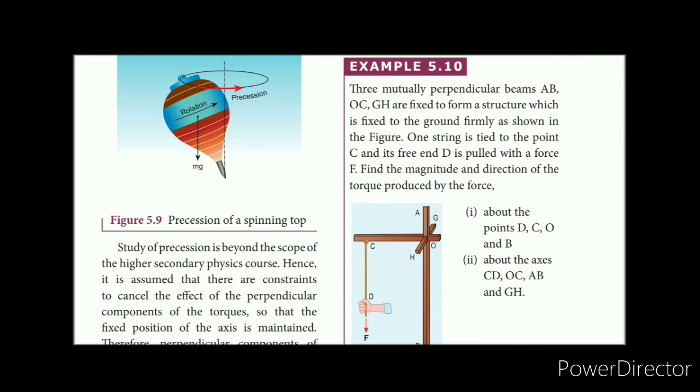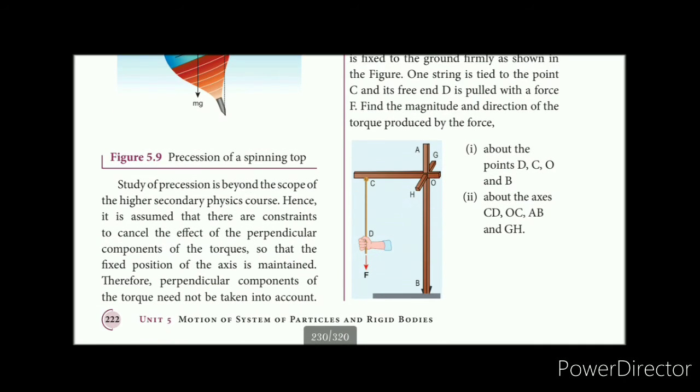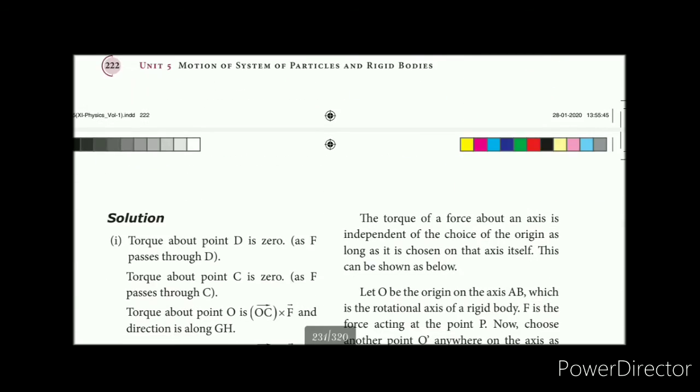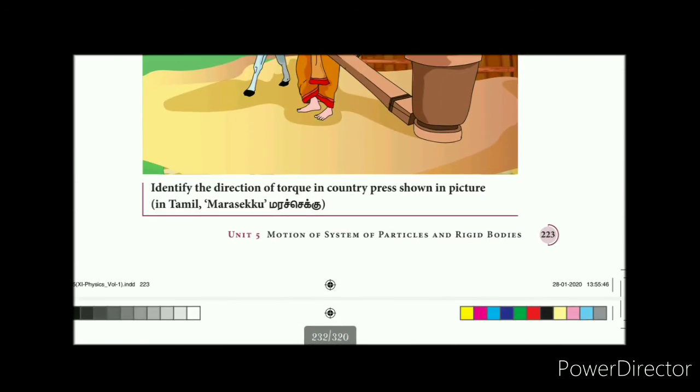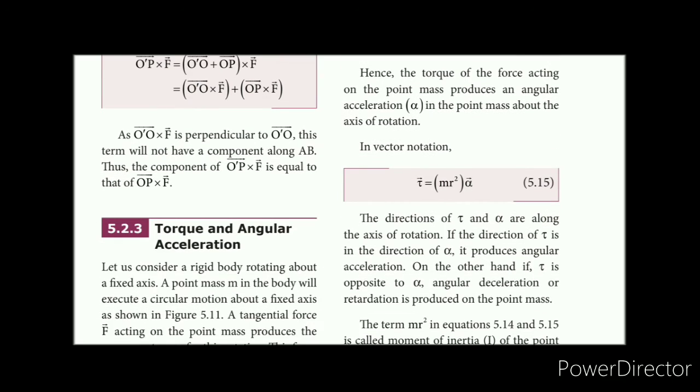Precession means accurate, that is, exactly where the center of mass and center of gravity will be acting, and the rotational motion will take place there. Precession is beyond the scope of the higher secondary physics course, so assume that the constraint cancels the perpendicular components of the torques, so that the final position of the axis is maintained. These examples I will teach you in the live class.